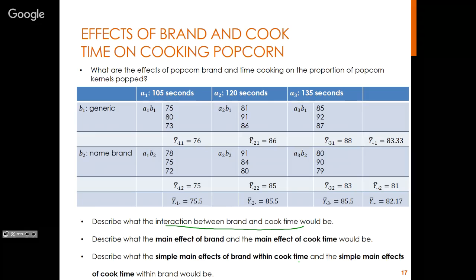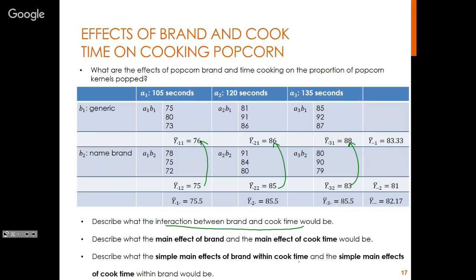Well, it looks like for the generic, the numbers are higher than for the name group. Good. So the group means on the generic at each level of time is always higher for the generic group than it is for the name brand group. Very good.